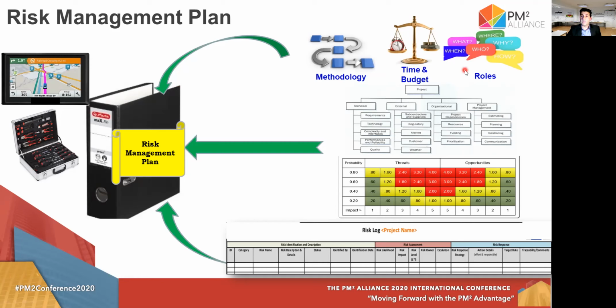Who will do what, the roles and responsibilities, what kind of templates you will use, and of course, the sample of your risk log. Also, you have to remember that you cannot copy and paste your risk management plan all the time and use it for every project. Every project is unique, so one size doesn't fit all.